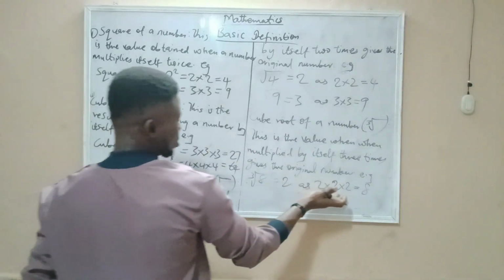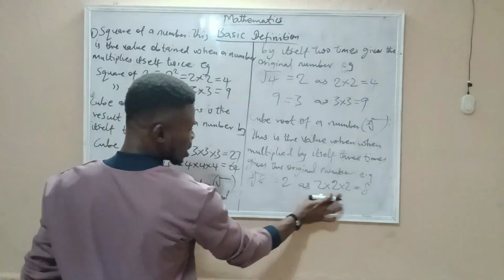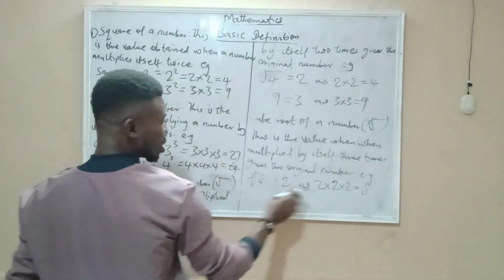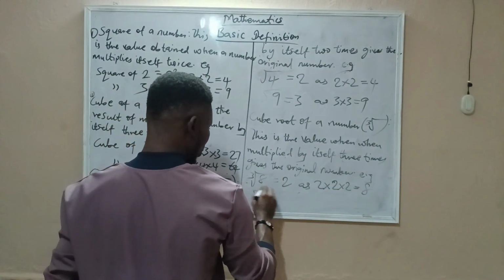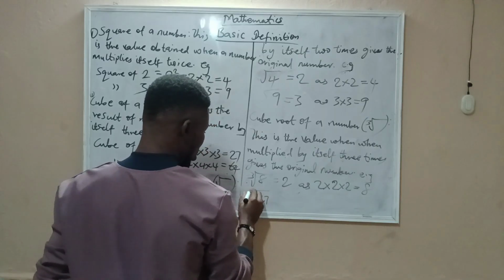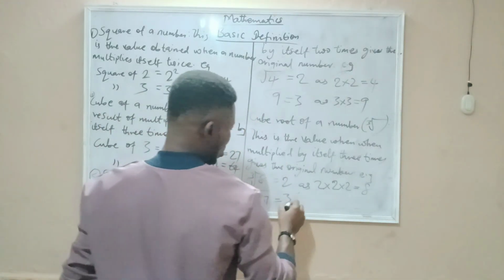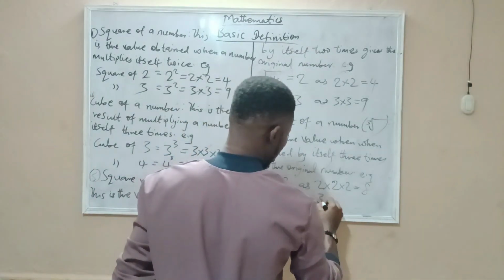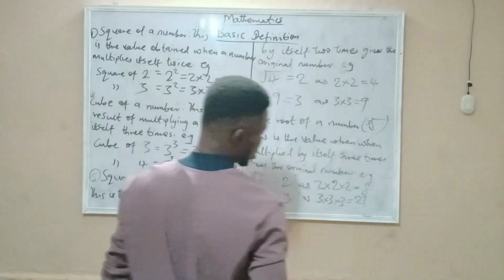From the definition, the value is the value which when you multiply it 3 times gives you the original number, which is 8. Then cube root of 27, which is equal to 3, as 3 times 3 times 3 is equal to what? 27.